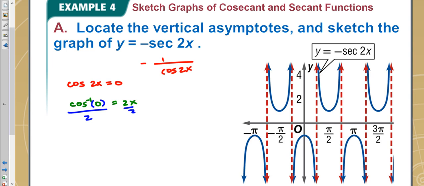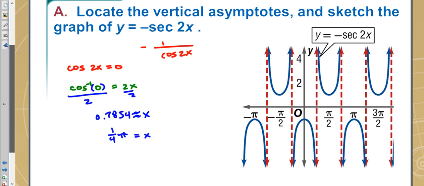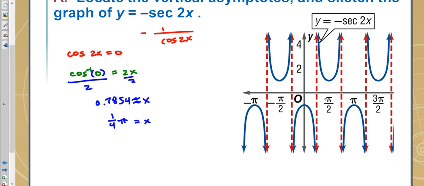If I wanted to get the decimal, I would say 0.78539, so I'll just say 54. This is rounded, so I'll do approximately x, which is the same thing as 1/4 pi equals x. That's the exact, so I want to use that. That's where the first vertical asymptote should be, at 1/4 pi. This is half a pi, this is 1/4 pi, so we're accurate.